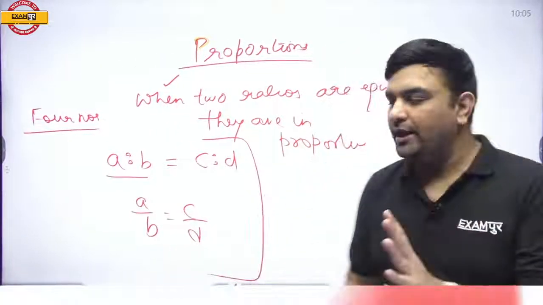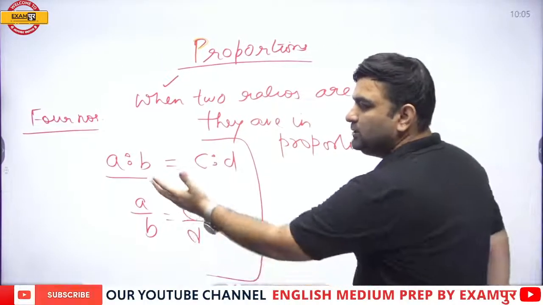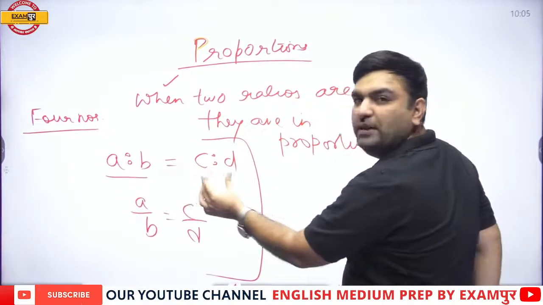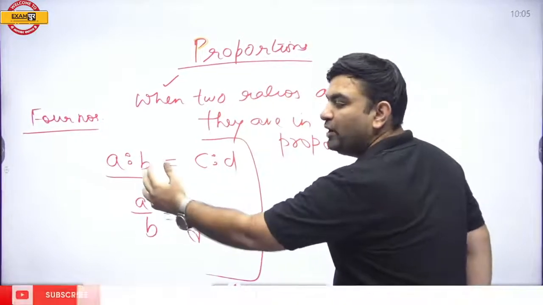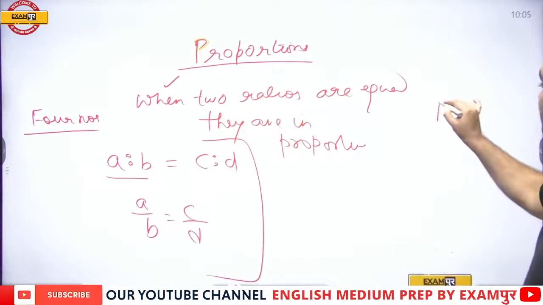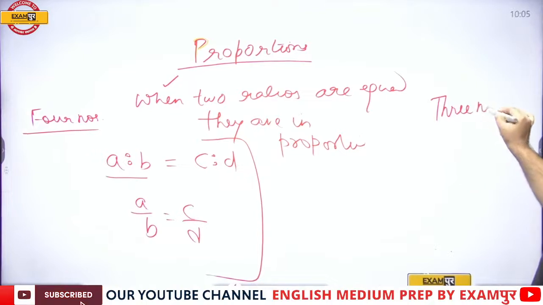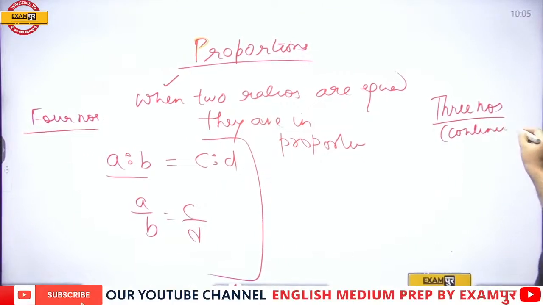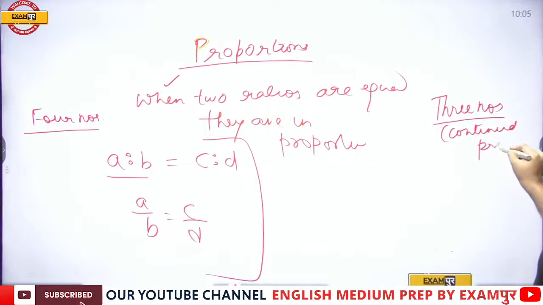When two ratios are equal, they are called in proportion. So four numbers A, B, C, D are in proportion if A ratio B is equal to C ratio D, or you can say A by B is equal to C by D. In case of three numbers, we can call it continued proportion as well.